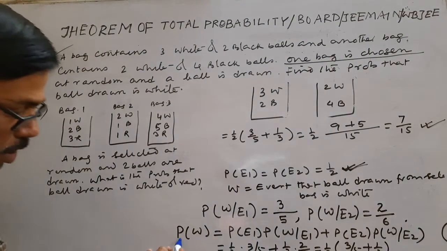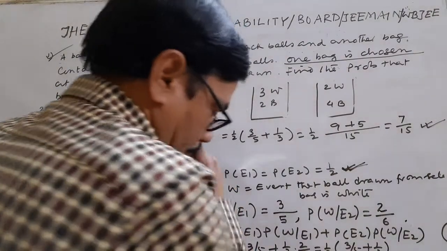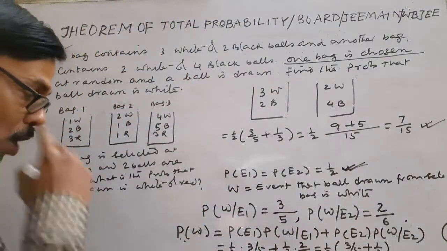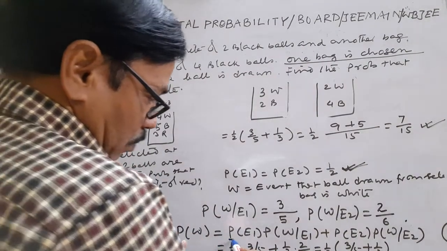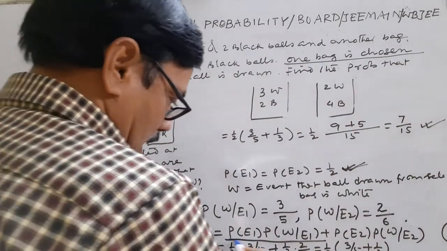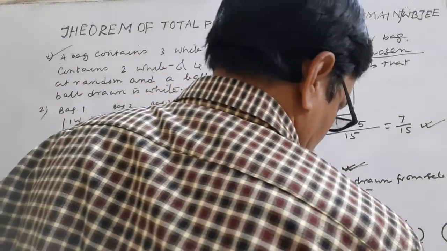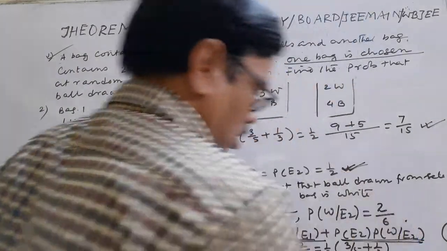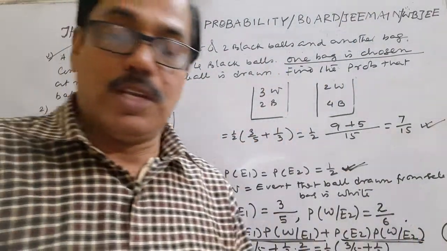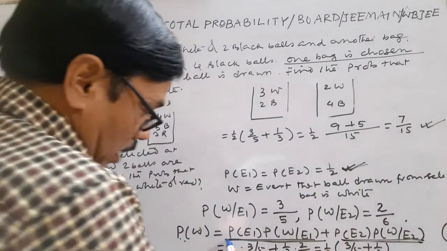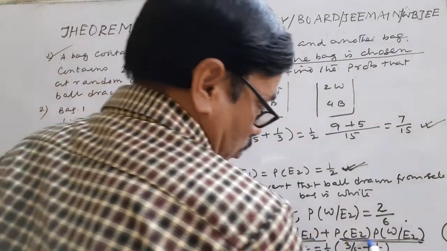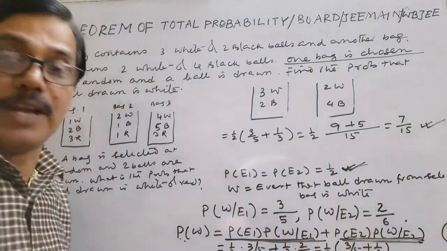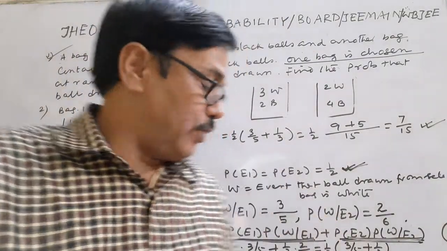So, PW, probability of white ball. Listen, white ball, it may be from bag 1. And this is probability for white ball from bag 2. This is probability of white ball from bag 1. This is probability of white ball from bag 2. We are adding these two.